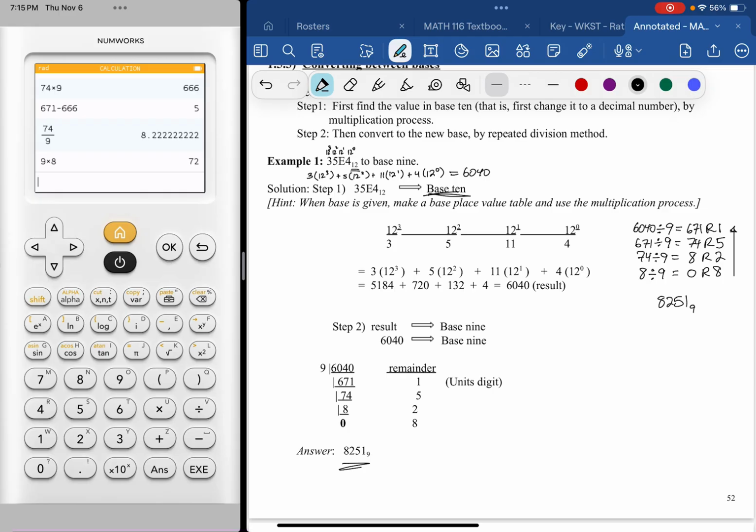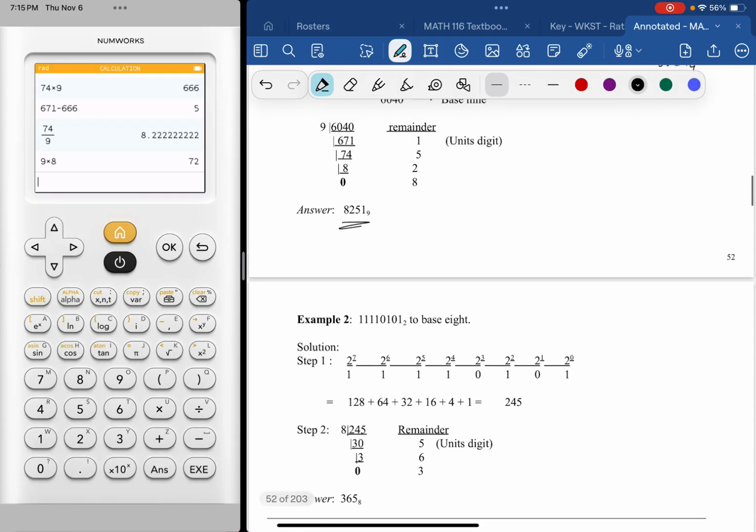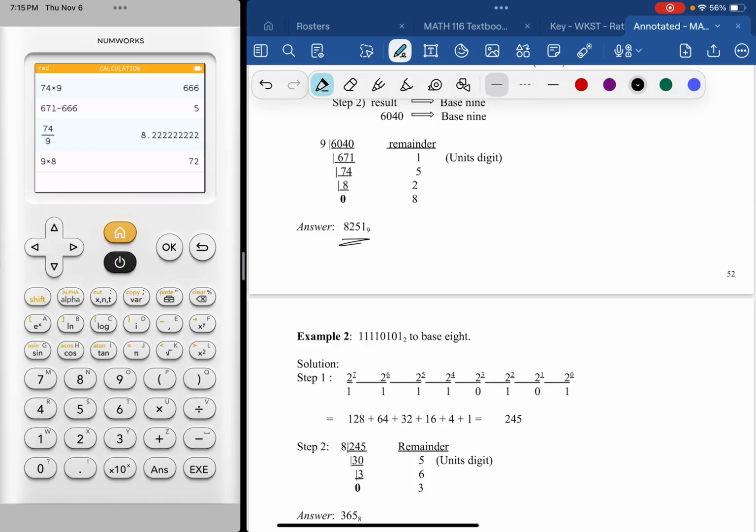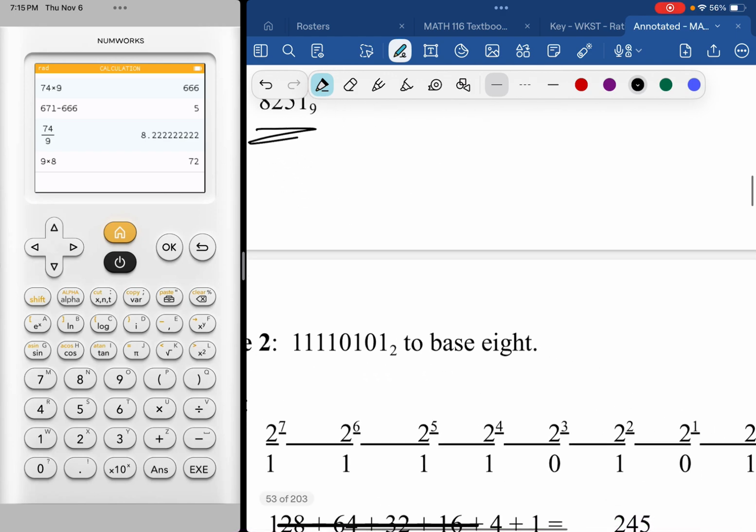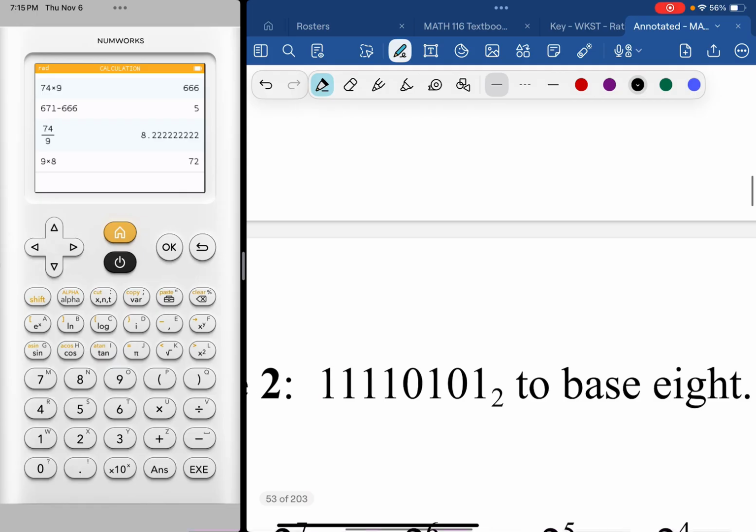So if I want to do binary to base 8, that's where our shortcut approach is going to come into play, but I'll get to that in a minute. If I were doing it the standard way, we identify binary to base 10, which is pretty straightforward because you only have zeros and ones.